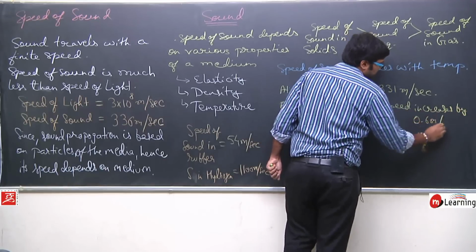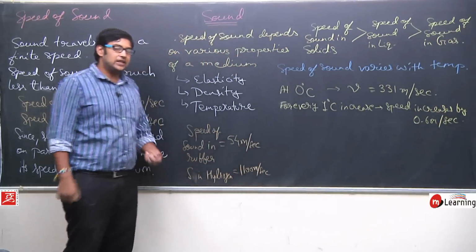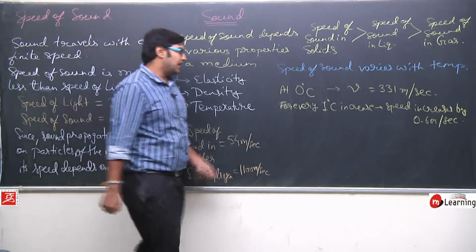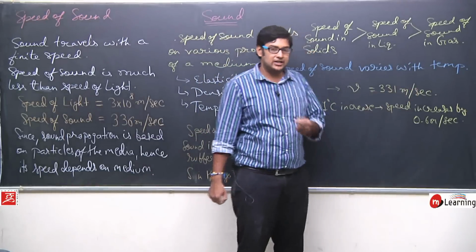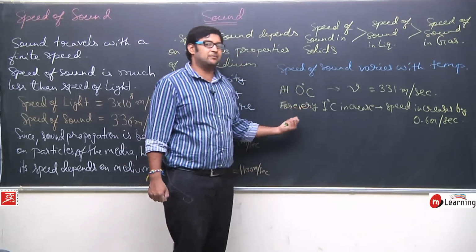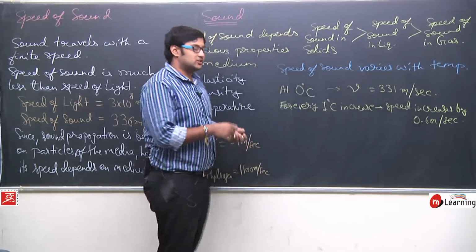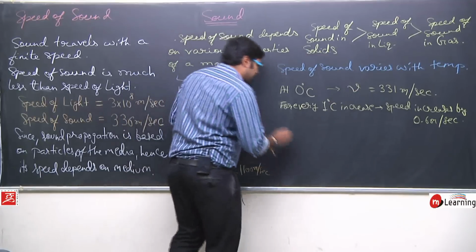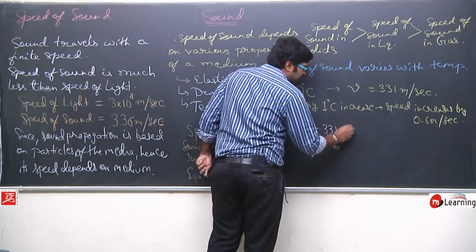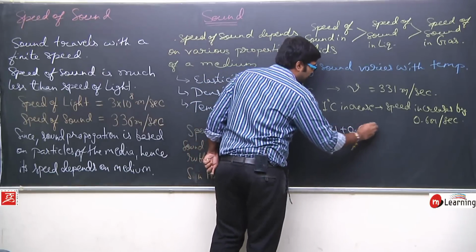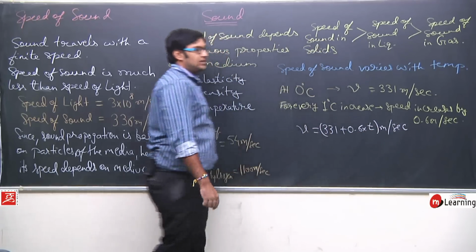For every 1 degree increase in temperature, the speed of sound increases by 0.6 meters per second. So we can say that the speed of sound in air is basically 331 plus 0.6 times t meters per second. This is the speed of sound in air.